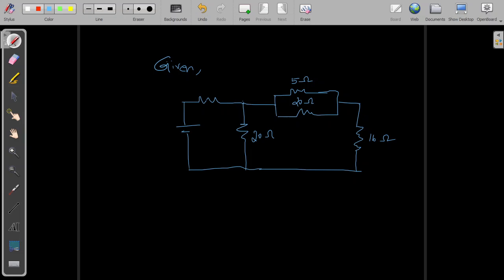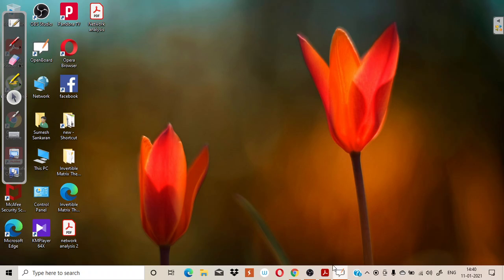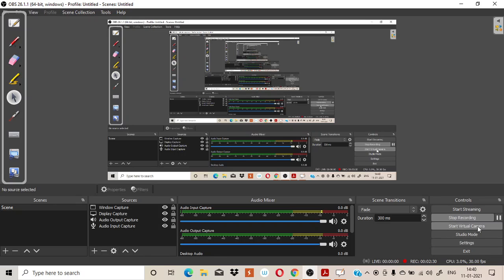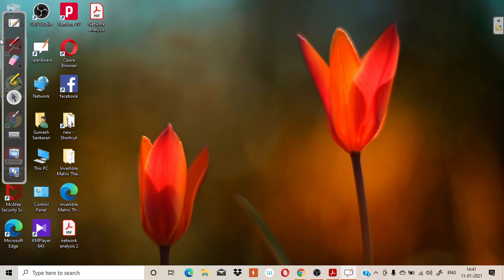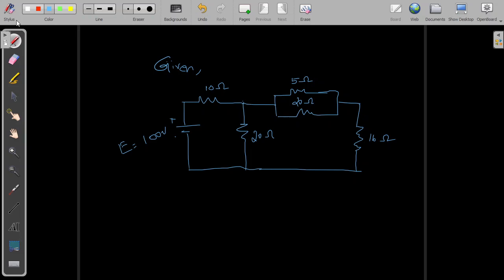Here we have a 10 ohm resistor, then plus minus 100 volt, 100 volt. So the circuit given looks like this.